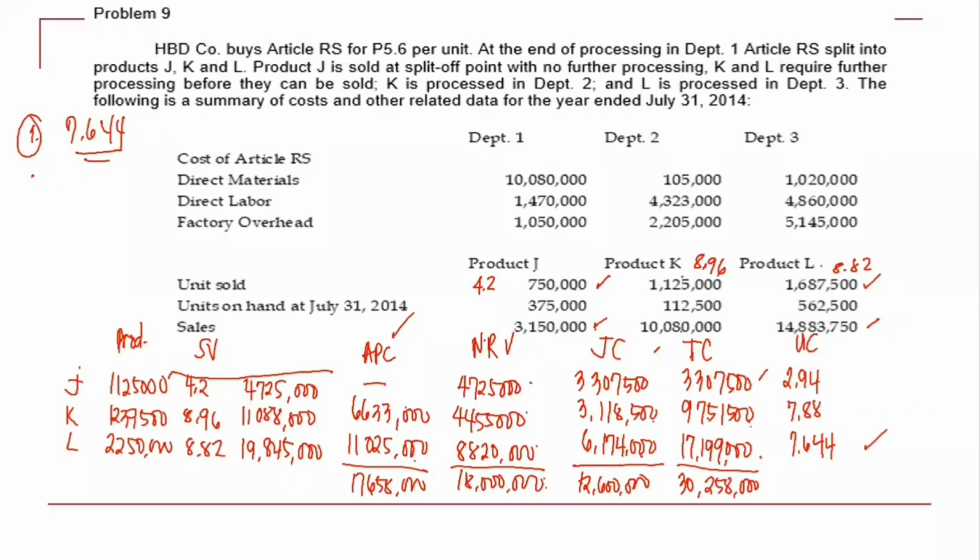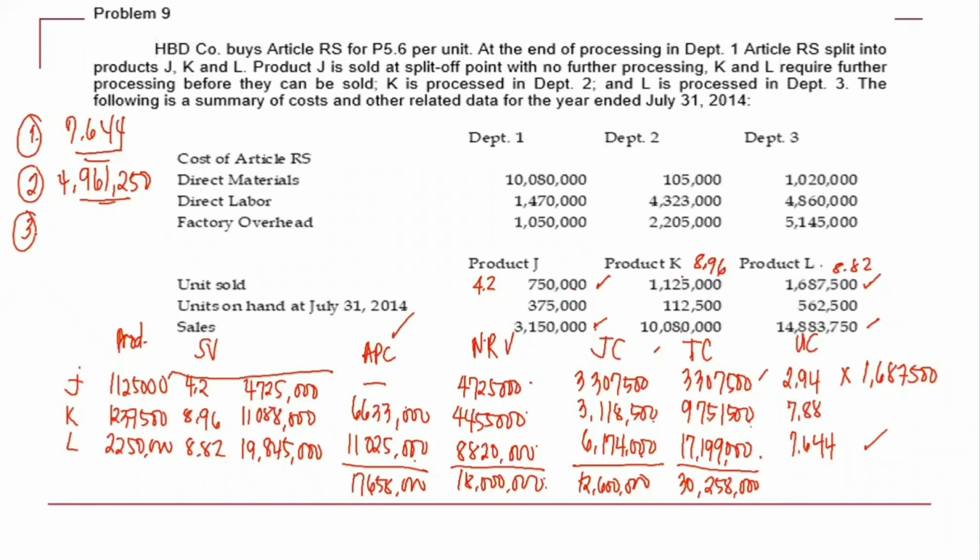Okay, for number 2, ang tanong po sa atin ay kay product J, yung cost of goods sold. Ilan ba yung sold ni product J? So multiply lang po natin ng 1,687,500 units. So therefore, ang cost of goods sold kay product J ay 4,961,250. Okay, dito ko lang sinusulat sa left side.